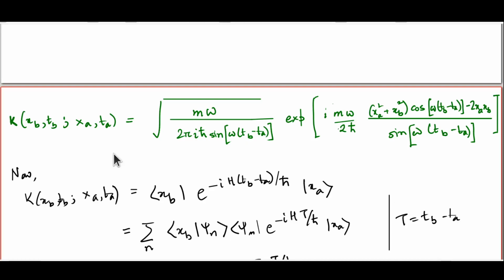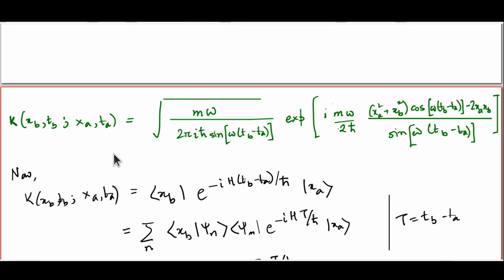I have used the abbreviation capital T for tb minus ta because, as we can clearly see from this formula, the result is only going to depend on tb minus ta in general. Of course, we have already seen this for the harmonic oscillator expression that we have on your screen right now. But in general, for any time independent Hamiltonian, the propagator will depend only on the difference tb minus ta, and that is something which follows trivially from time translation invariance.